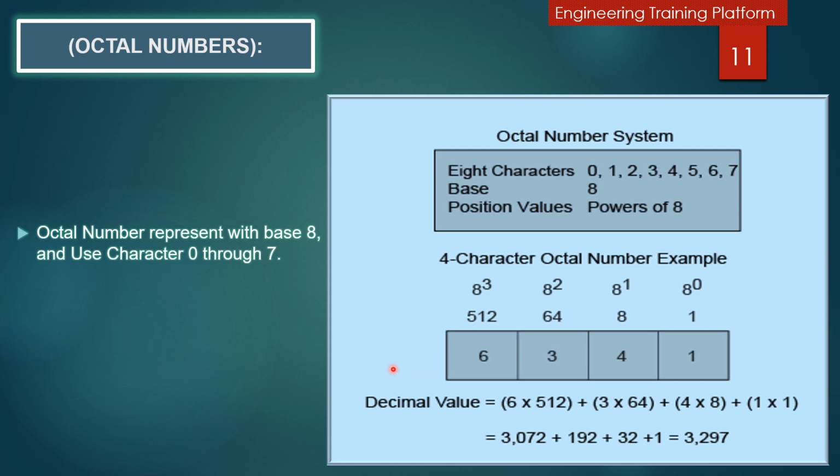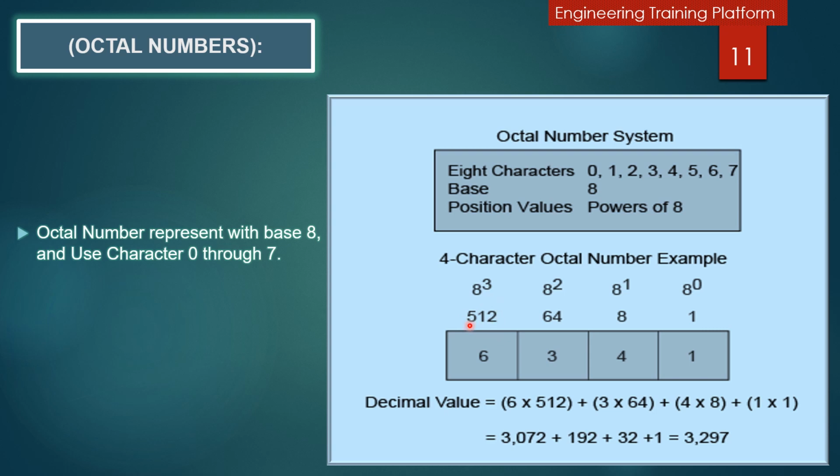For the decimal values, now we are going to calculate the octal number converting into decimal values. The same as the example I showed you, the most significant bit will be starting from 6, 6 multiplied by 512, and the 512 we get as the result for 8 power 3.